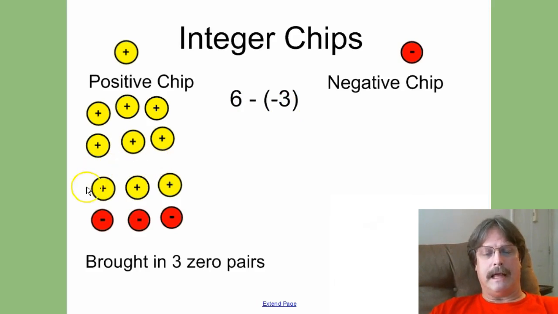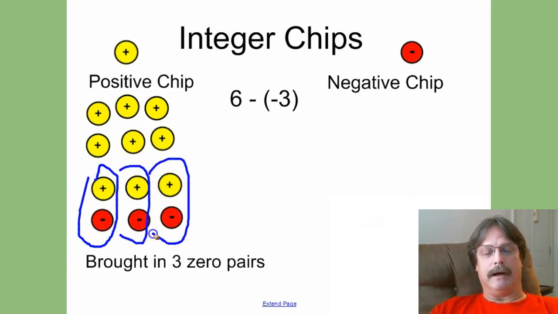I've gone ahead and brought in 3 zero pairs, based on this number 3, because zeros don't change the number. Here's 1 zero pair, 2 zero pairs, and 3 zero pairs. Now, do I have the ability to subtract 3 negatives?